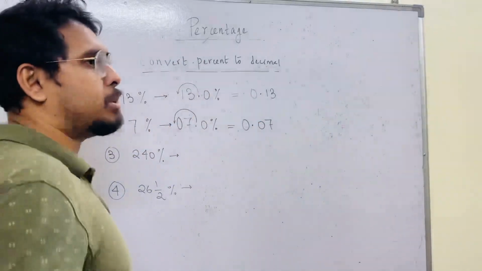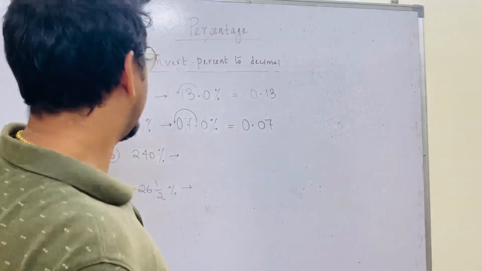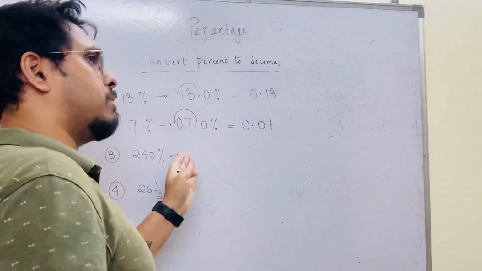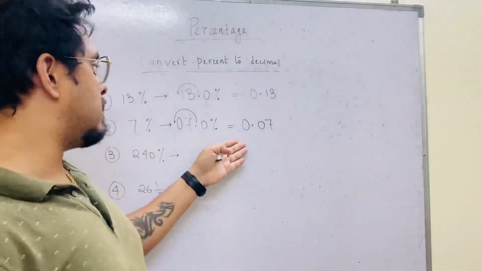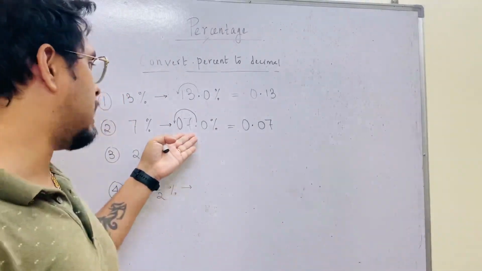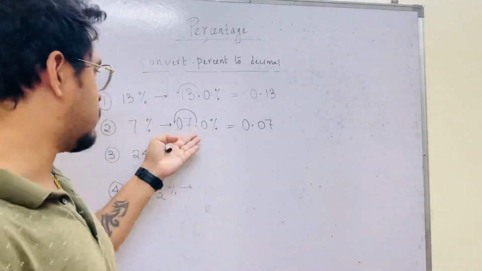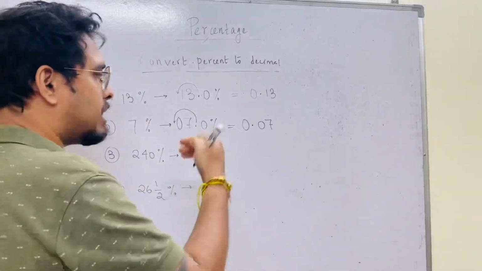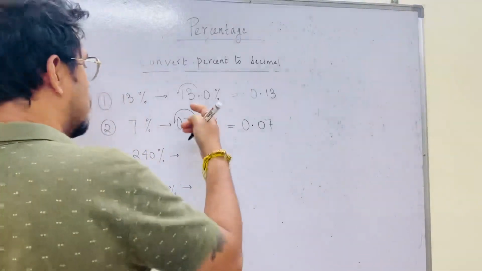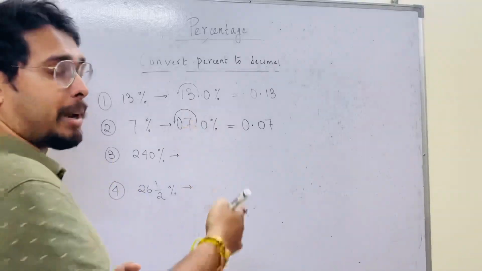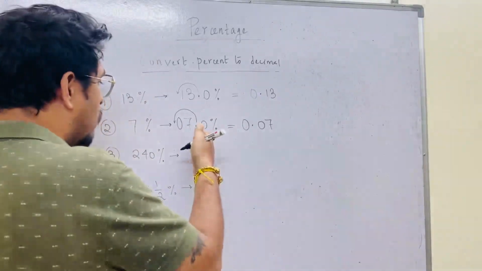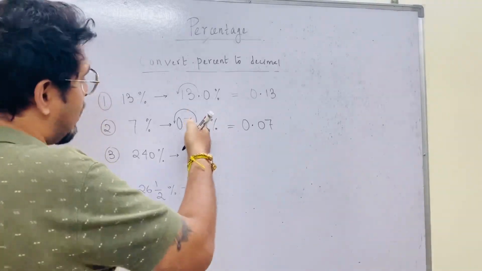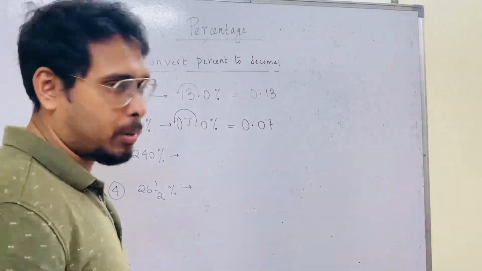A lot of students prefer to first put it into a fraction and then convert the fraction into decimal. My simple methodology is that you don't have to do all of that. You just find the current position of the decimal point while the number is in percentage, and then you move that decimal point 2 digits to the left.